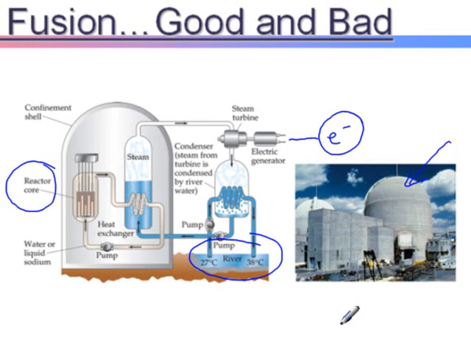One reason why the power plants in the West aren't terribly dangerous to some degree is we have the concrete around the reactor core, and that's designed to stop any extra radiation that escapes from the reactor core.